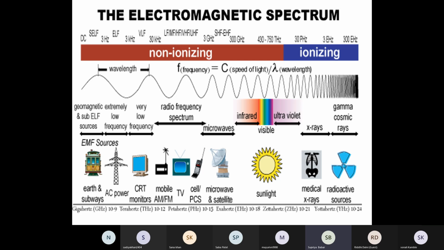Normally the electromagnetic spectrum consists of different energy regions, the various electromagnetic radiations arranged in decreasing order of frequency or increasing order of wavelength.